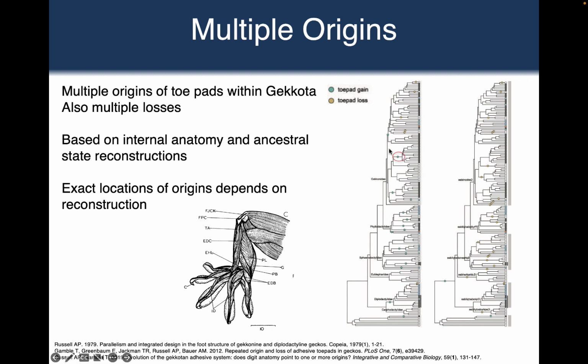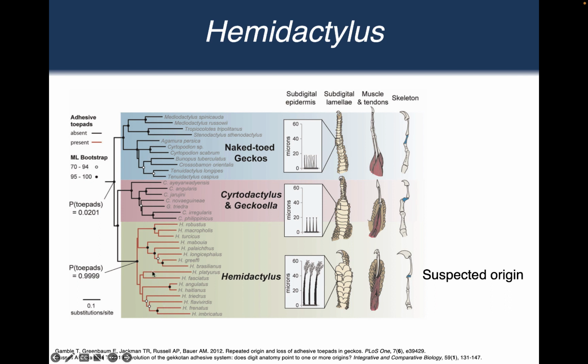And so in this study, I want to talk about this origin right here. And I know you can't really read any names on these phylogenies, but this origin is at the base of a genus of geckos called Hemidactylus. And the reason we think there was probably an origin at the base of Hemidactylus is because all the species within Hemidactylus have toepads, but a couple of the sister genera and other closely related groups near Hemidactylus, none of them have toepads, or at least for the most part, none of them have toepads.